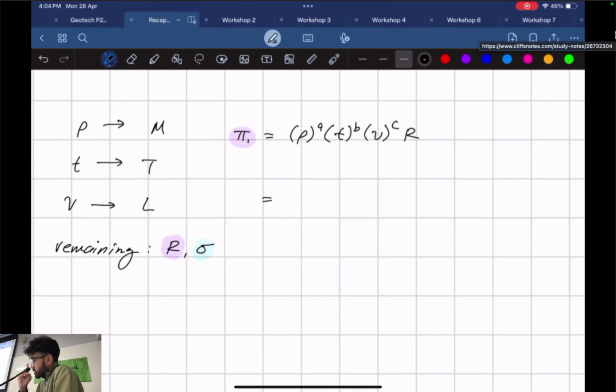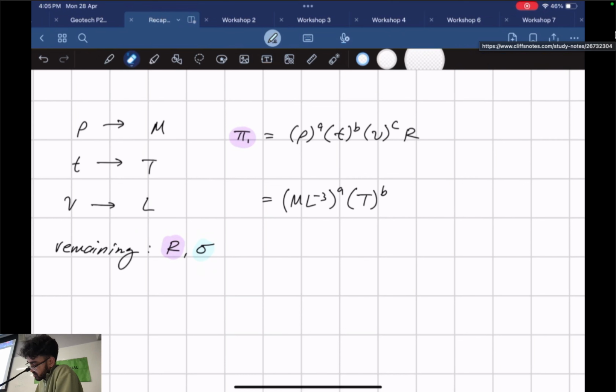So what are the dimensions for density? Mass over volume, yeah. But what's volume in terms of dimensions? L to the cube, perfect. Or let's say L to the minus 3. Okay. How about T? Good.